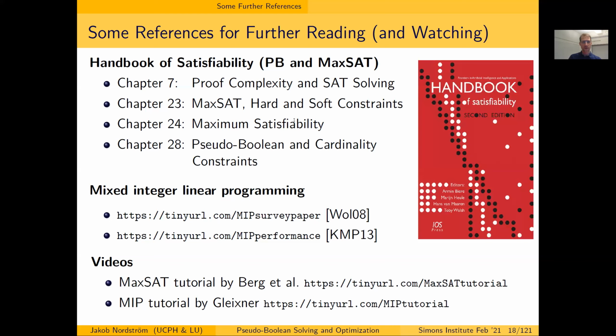And for MaxSat and mixed integer linear programming, I can also recommend the tutorials: the MaxSat tutorial at ECAI 20 last year, and for MIP, there's a very nice tutorial by Ambros Gleixner at a workshop in Oaxaca a couple of years back. Those will give more details on MaxSat and MIP, which are topics that are not so well covered in this tutorial.